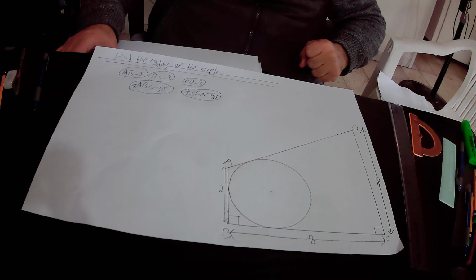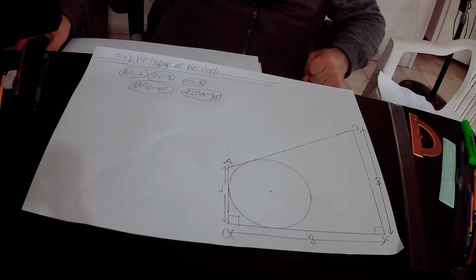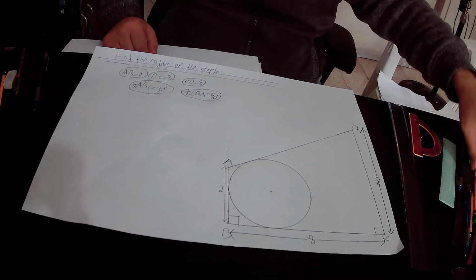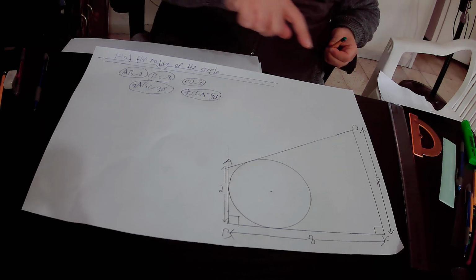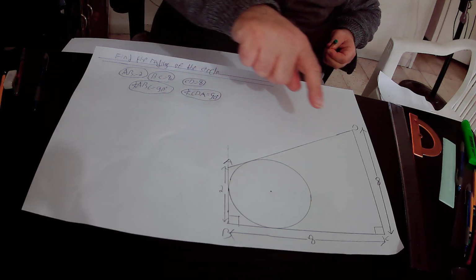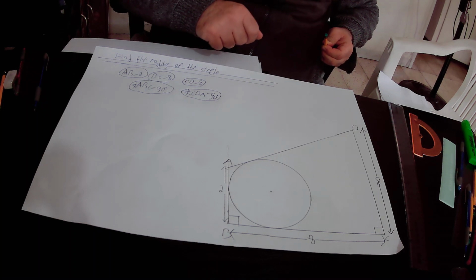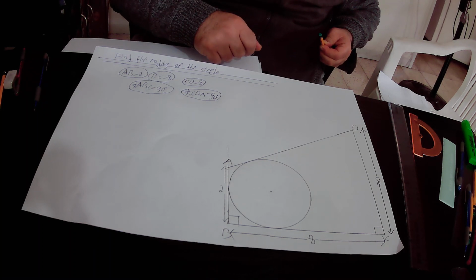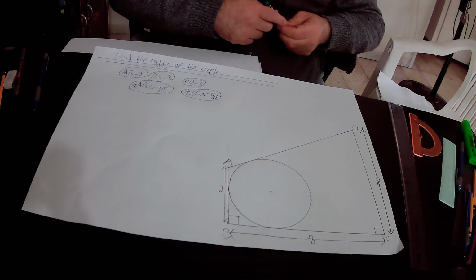Okay, so in the first step, we'll do a construction. That is to say, we'll extend side DA and side CB of this quadrilateral ABCD by a straight line until they touch each other.